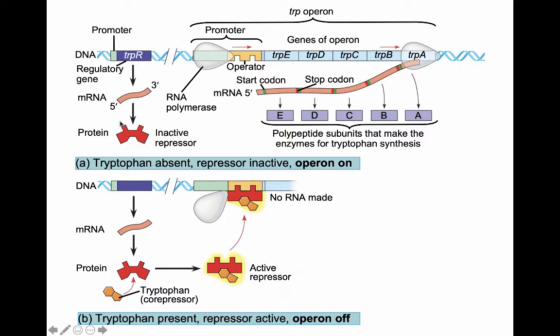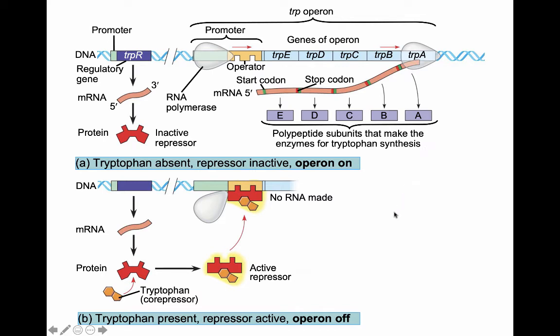So at all times in the cell, this protein is hanging around, and if there's no tryptophan in the cell, the protein stays in an inactive form, does not bind to the DNA, and the enzymes in the trp operon can be produced.